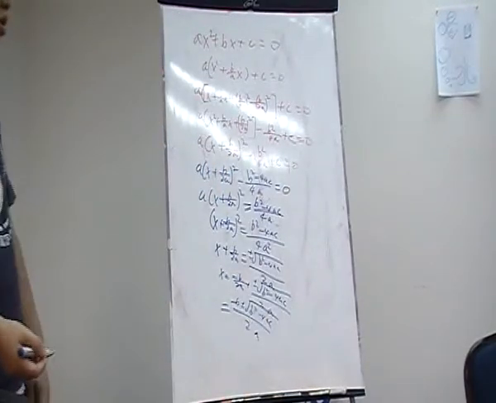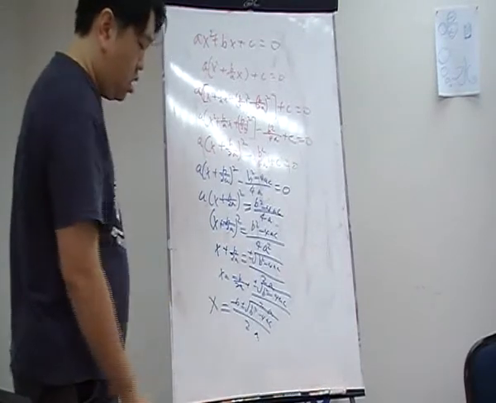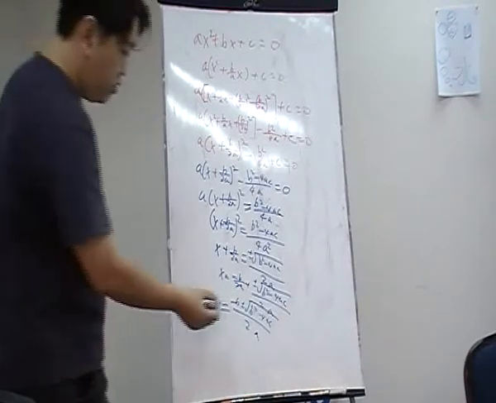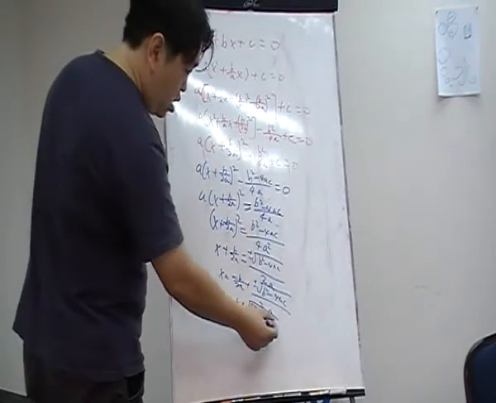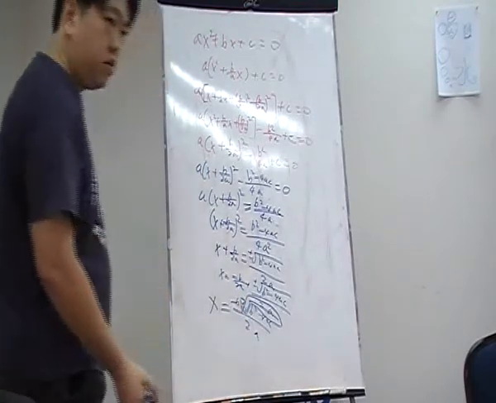This is how come the x is in this formula. And secondly, what is the limitation in this formula? The limitation is this square root. And what is the limitation about square root and the plus minus?